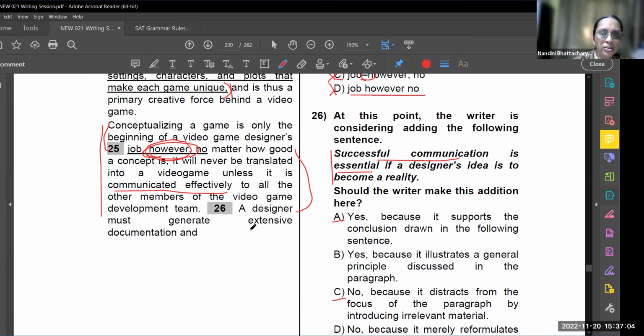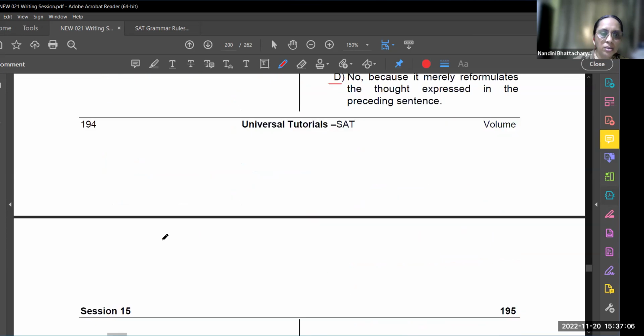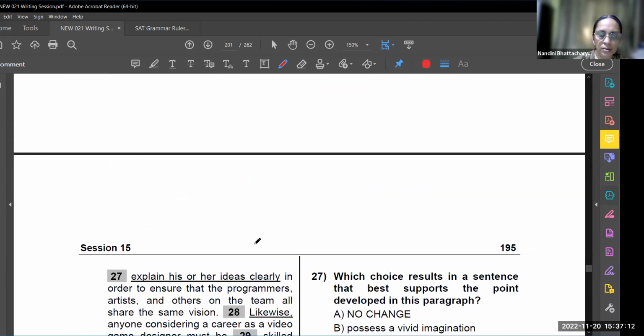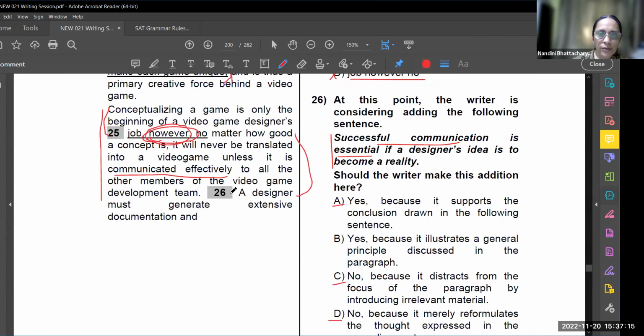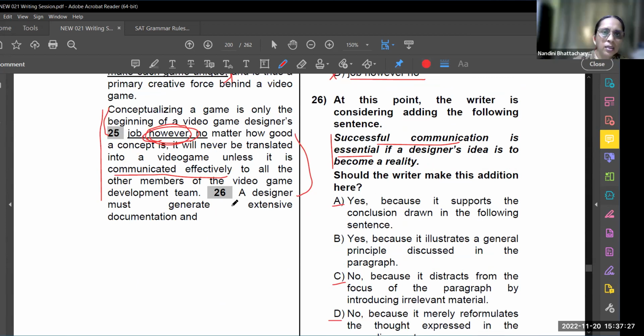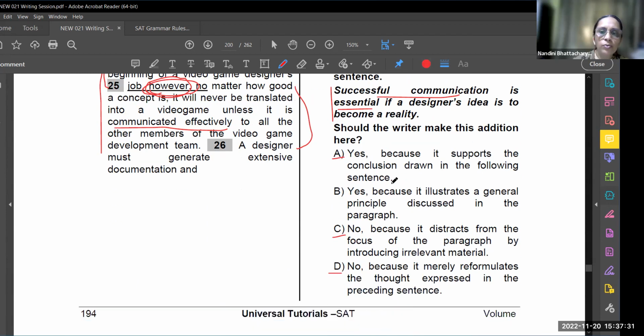A designer must generate extensive documentation and explain his or her ideas clearly in order to ensure that the programmers, artists, etc. So if you are reading the paragraph with this sentence, do you find repetition of ideas? Yes. And we don't want repetition in any of these paragraphs, right? So we won't add it, right?